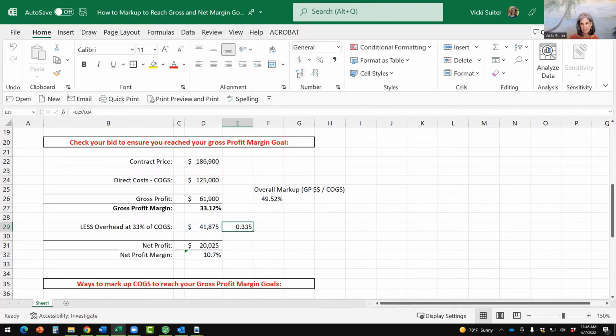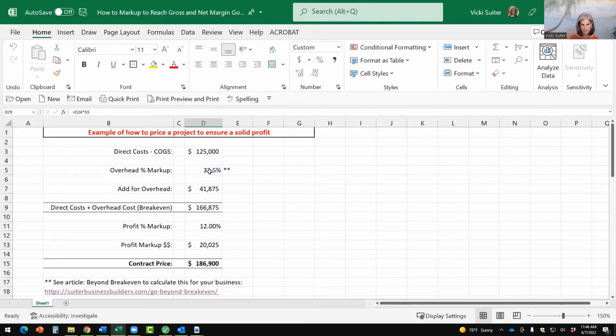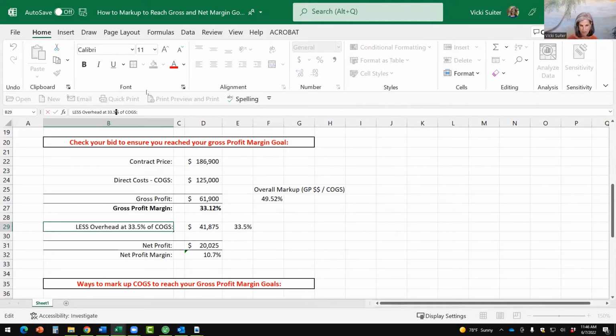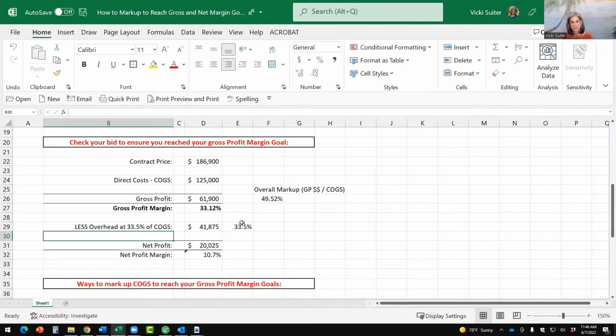You can see this is 33.5%. So how do I know that? Because that's how much I marked this up here. So at 33, let me just change that 0.5%, then that's how much my overhead expenses will be.